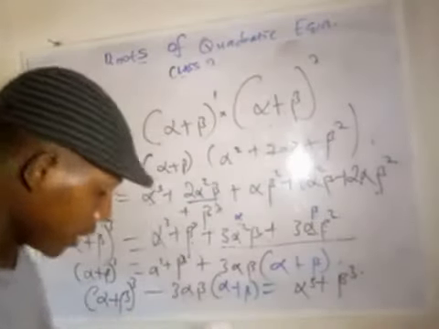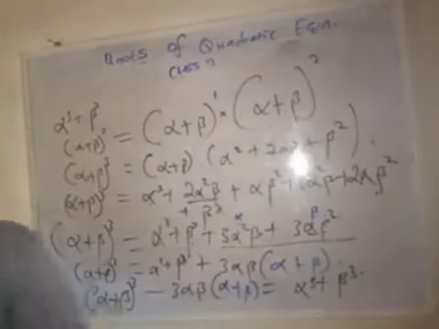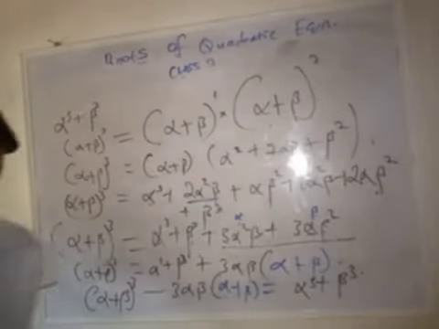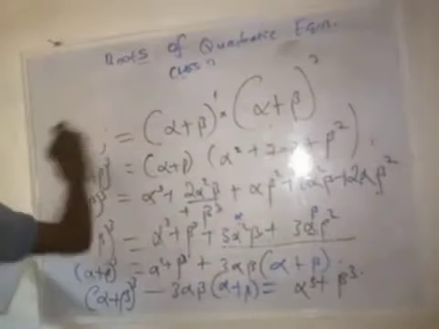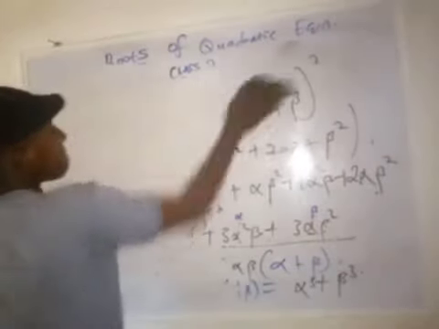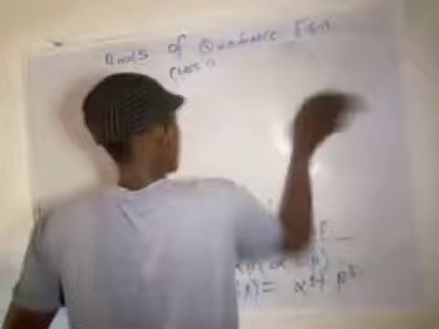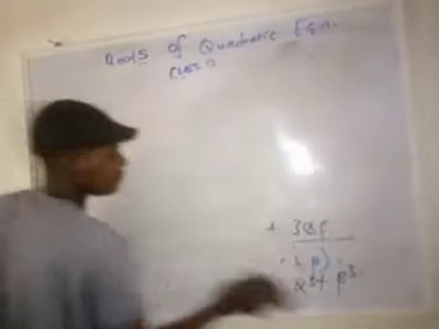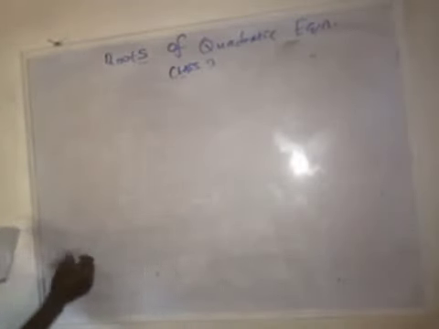Let's look at some further examples. Let's say we have something like this: alpha cube minus beta cube.